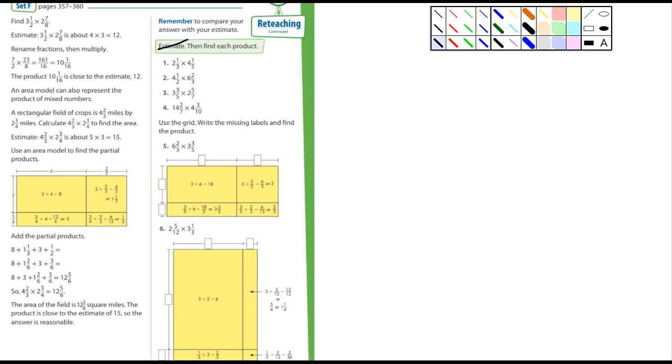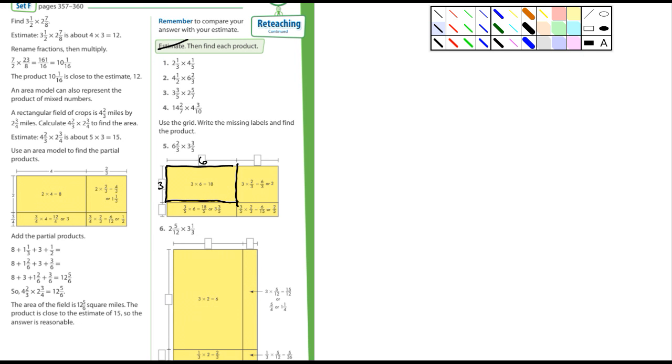Use the grid to write the missing labels to find the product. So, well, let's look at this first piece right here. That's simply going to be 3 and 6. All right.